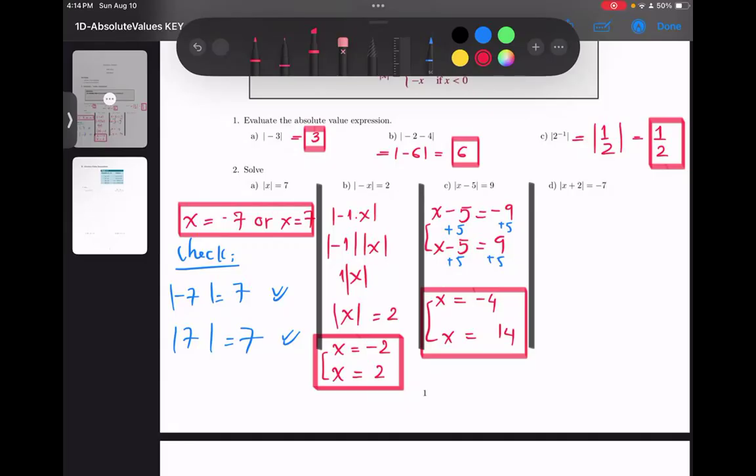You can plug in -1,000,000 for x plus 2, and it'll come out positive after the absolute value, so it's always going to be at least 0. It can't be negative. There's no x that can satisfy this equation, so no solution. You can write no solution, or you can use the notation for an empty set.